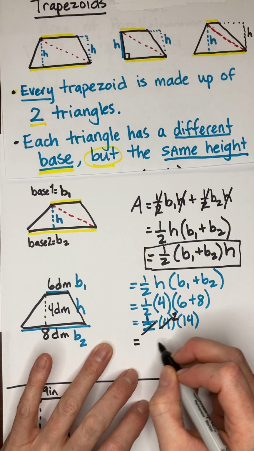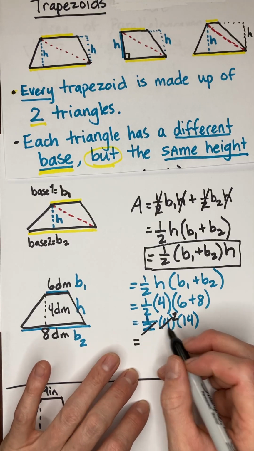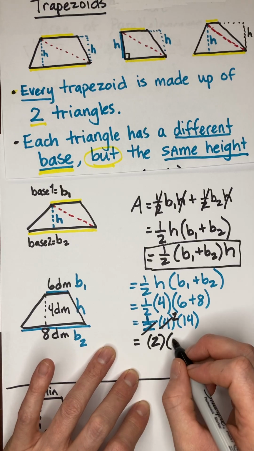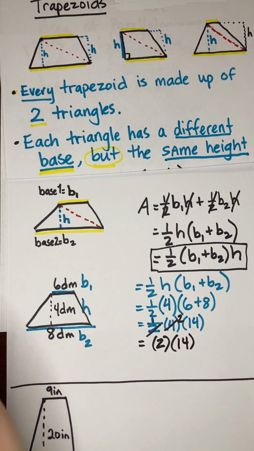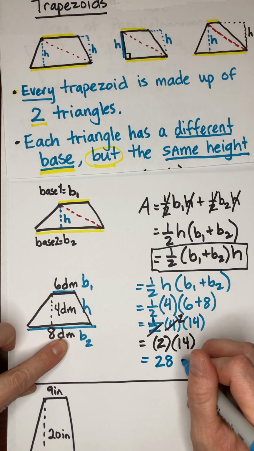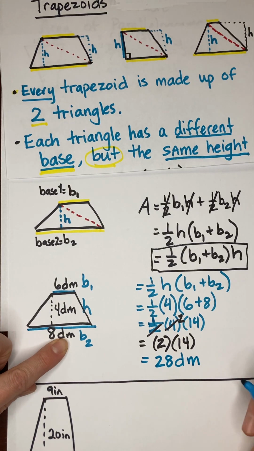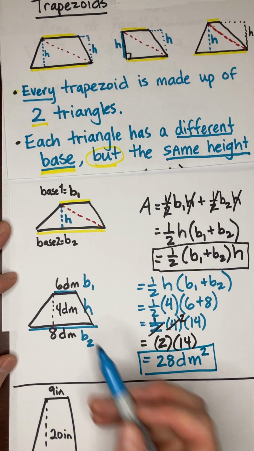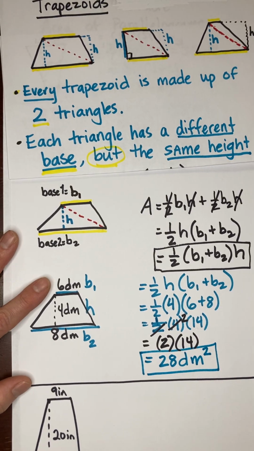What's left is 2 times 14, which is 28. My units are decimeters, and it's area, so it's squared. So the area of this trapezoid is 28 decimeters squared.